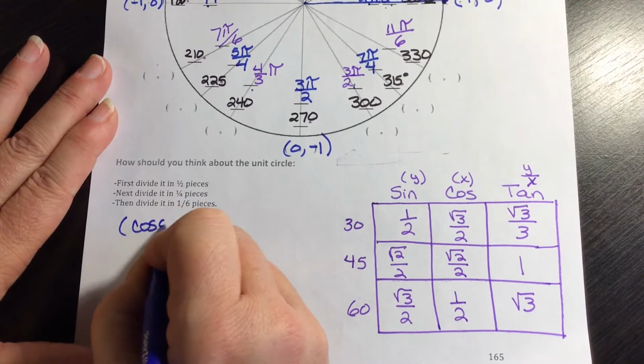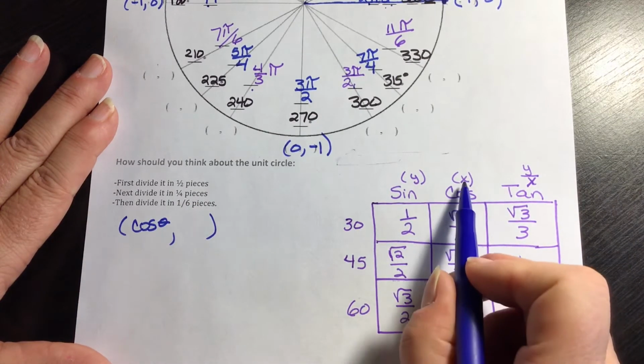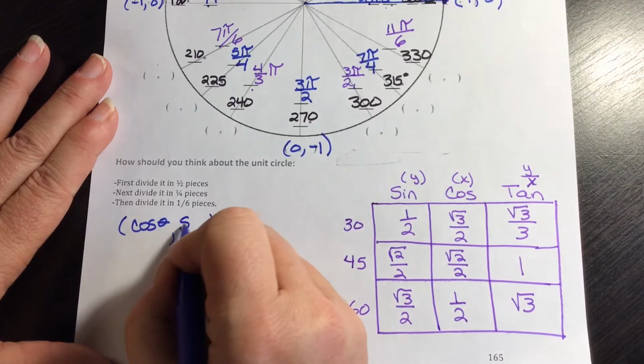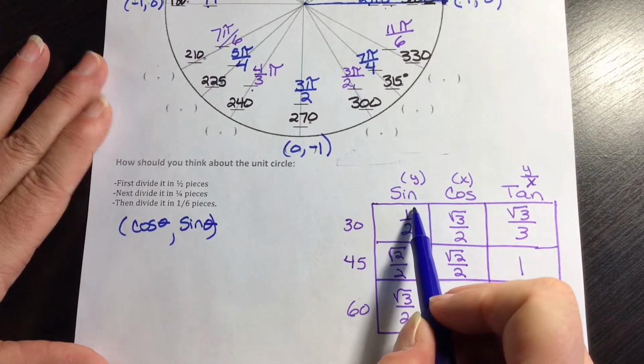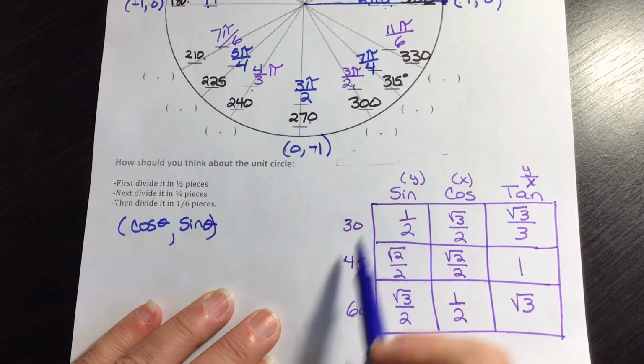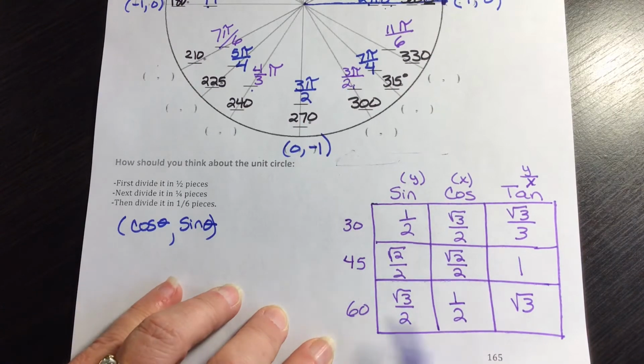Cosine of the angle is the x coordinate, and sine of the angle is the y coordinate.